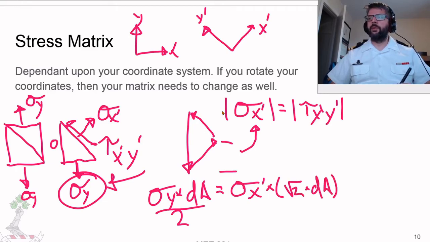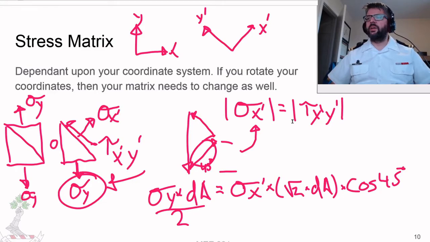It's slightly bigger because it's angled, but we're looking at just the y component of that. So again, this is at 45 degrees, and this is that term there.